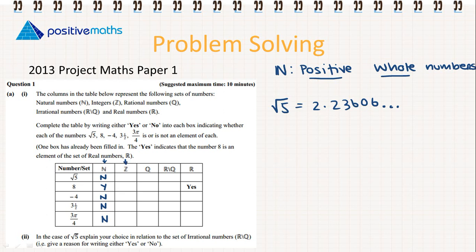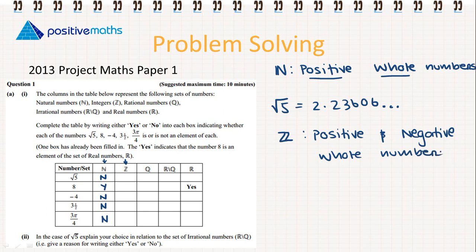Okay, now let's look at the integers. Integers are positive and negative whole numbers. So again, if they're not positive or negative whole numbers, then they are not integers.